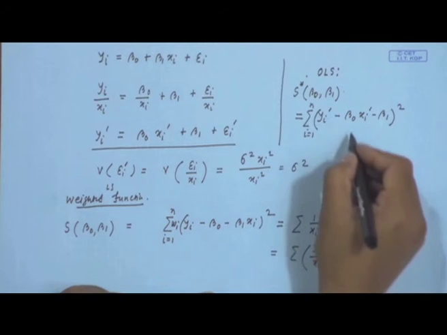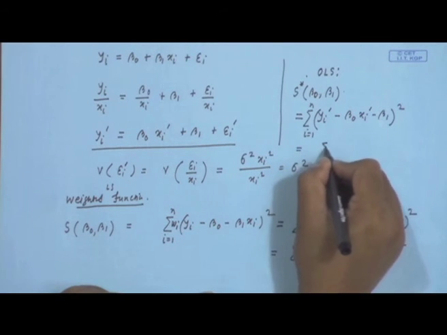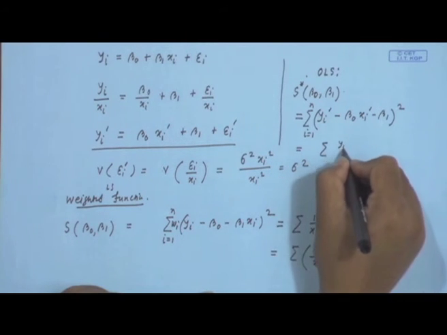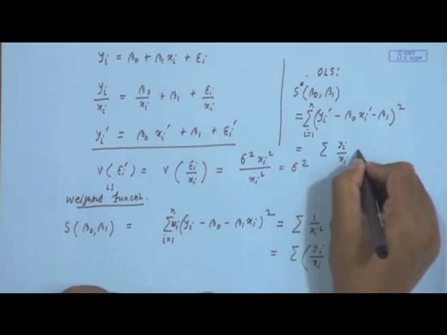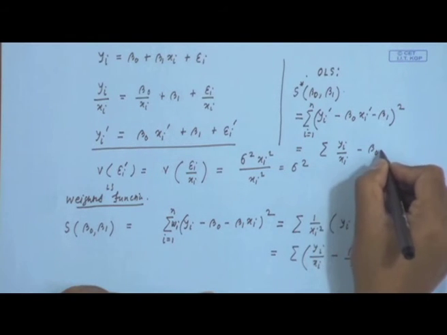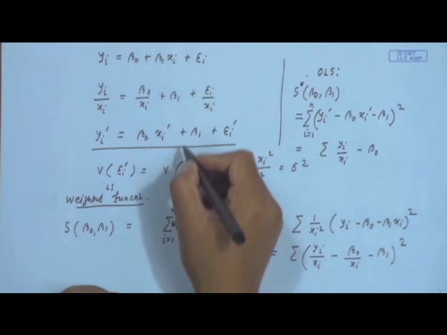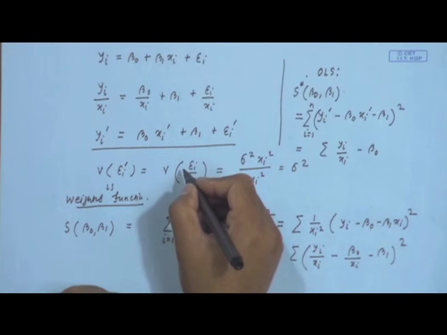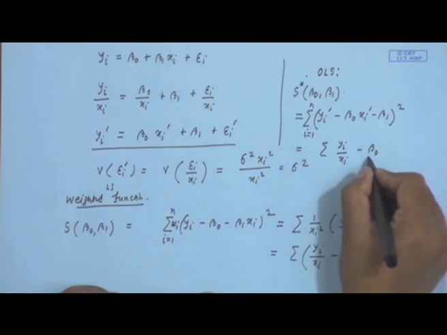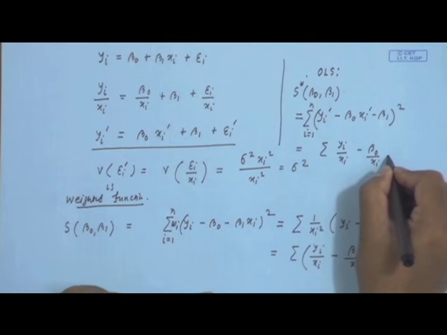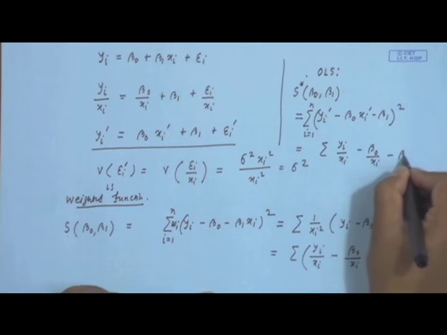Now, you can see that this one is nothing but yi by xi minus beta naught by xi minus beta 1.